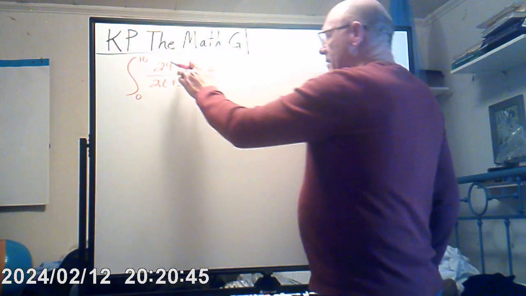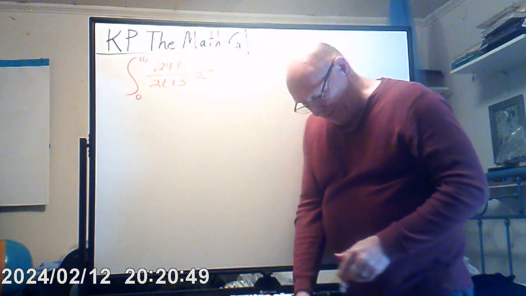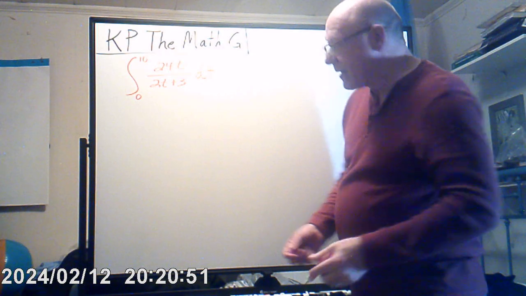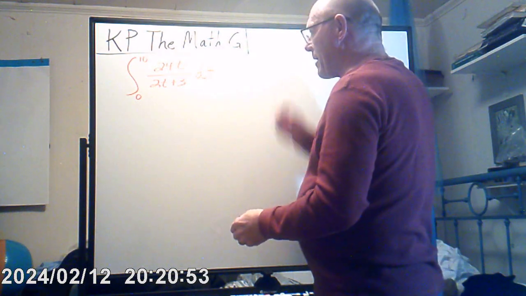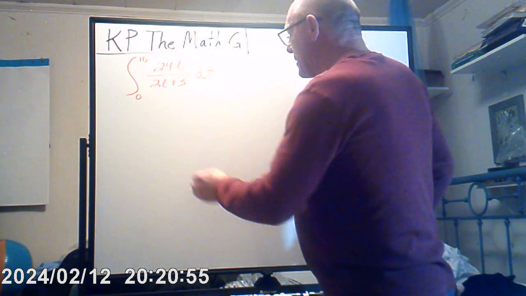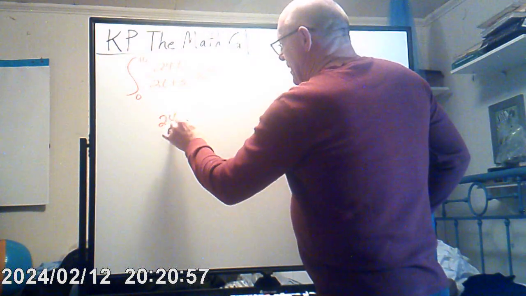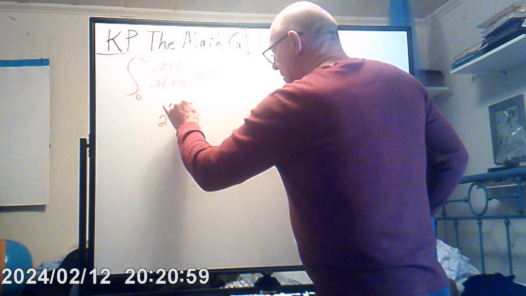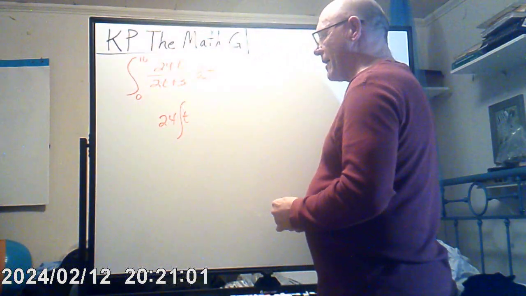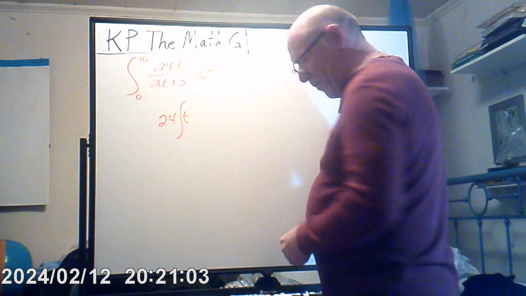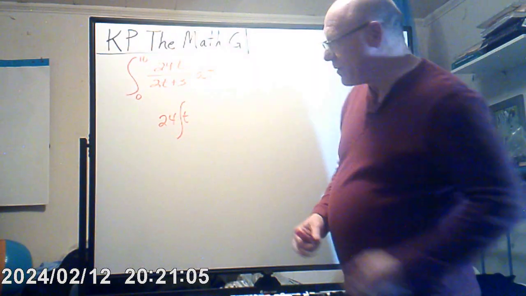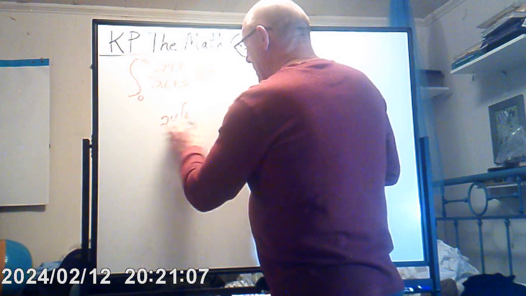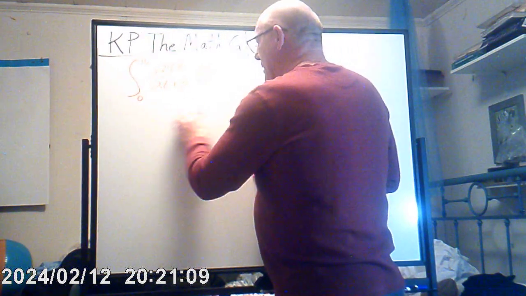I'm going to take this 24. I've got so much stuff here, and stuff keeps getting in the way. I got to pick that up. I'll do it later. I've got this 24t in the numerator. I can put that on the outside like that. Okay, that's what I want to do. So let's put that on the outside.